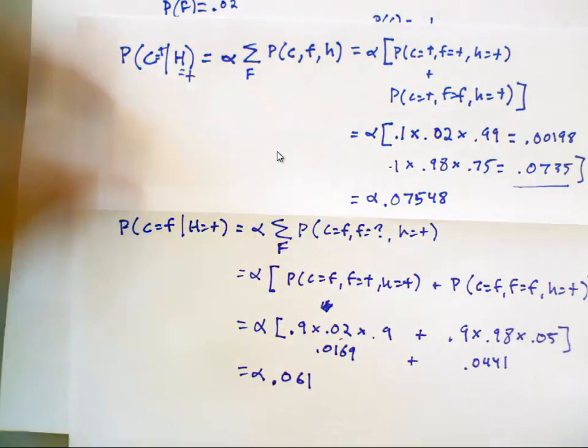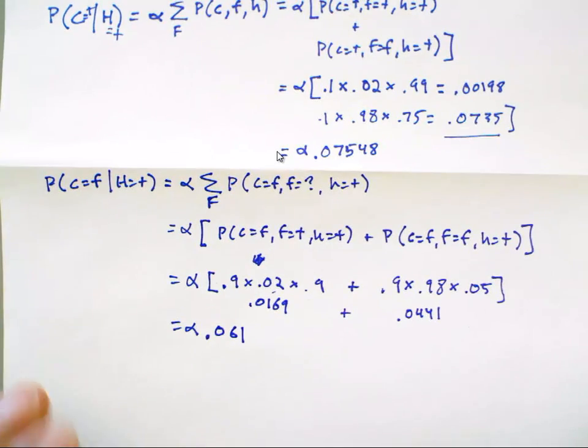All right. Now, we know that the probability of C being true when H is true and the probability of C being false when H is true have to add up to 1, right? Because that exhausts all possibilities for C, true and false. It's just a binary variable.